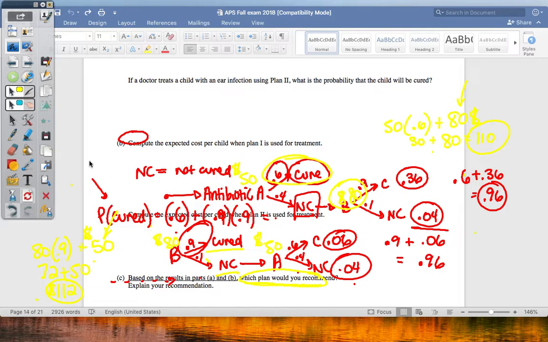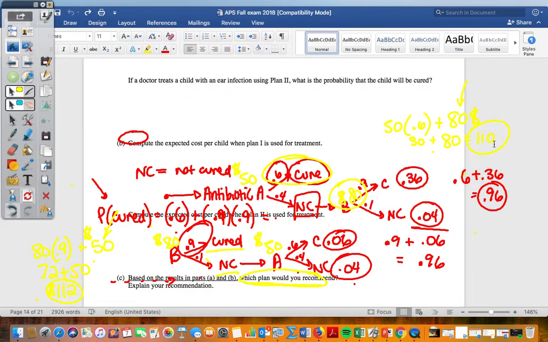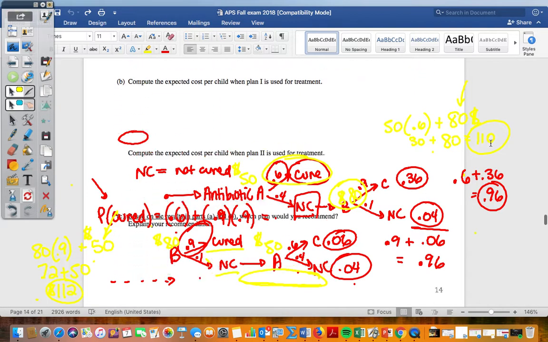Since it is the same, I would go with Plan 1 because it is $2 cheaper at $110 compared to $112. And you could go into that. So that's why you would say what you would say on Part C. Again, showing a little bit more work, but that's the idea of where we would be at for this one.